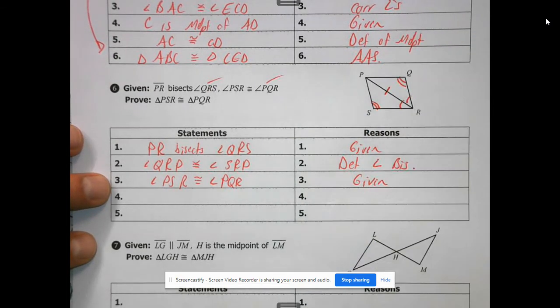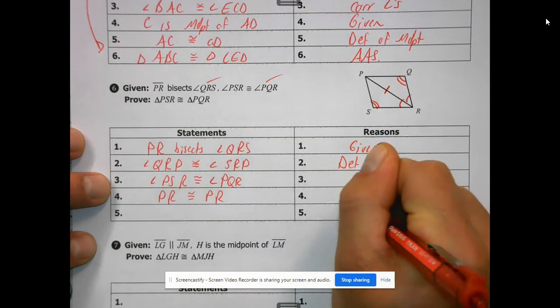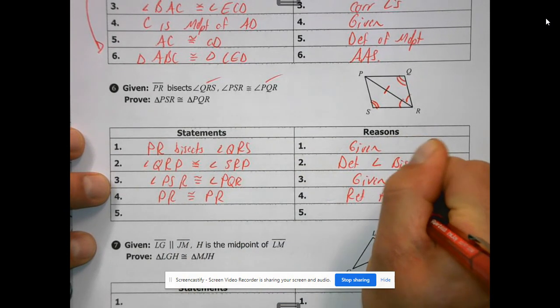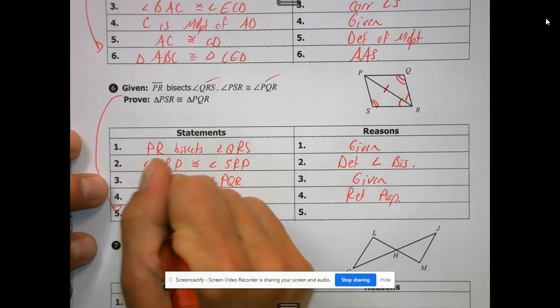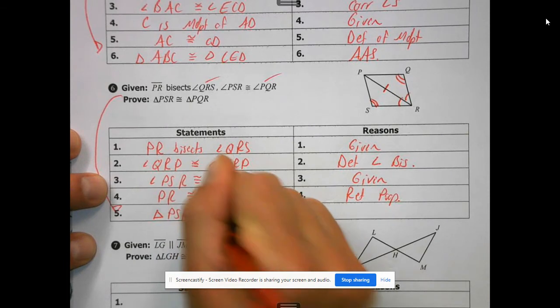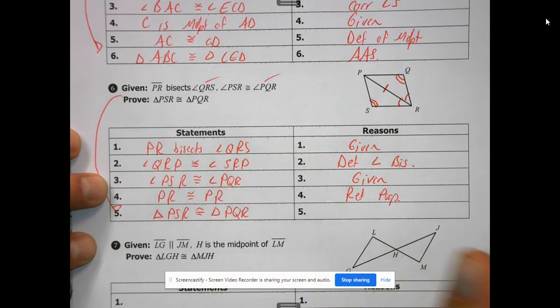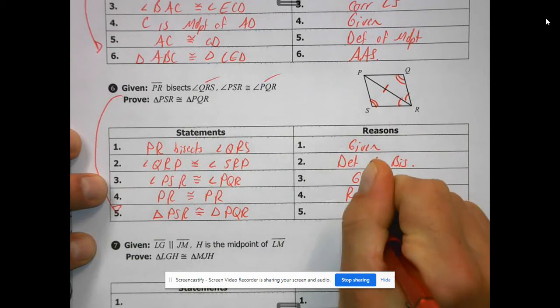Reflexive property right in the middle there. PR is congruent to PR, reflexive property. Last statement's what we're trying to prove. Triangle PSR is congruent to triangle PQR by angle, angle, side.